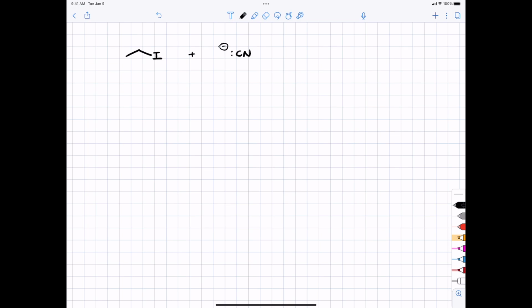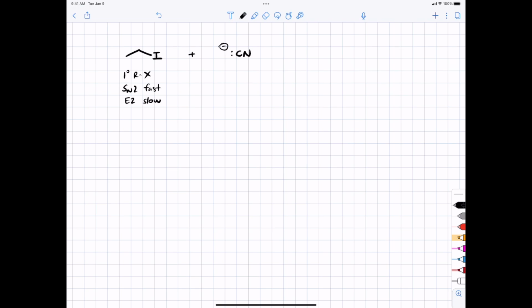To predict what's going to happen in this reaction, we need to consider the structure of the alkyl halide and the nucleophile. This is a primary alkyl halide, and we know that the SN2 reaction is fast for the primary alkyl halide, whereas the E2 reaction is slow.